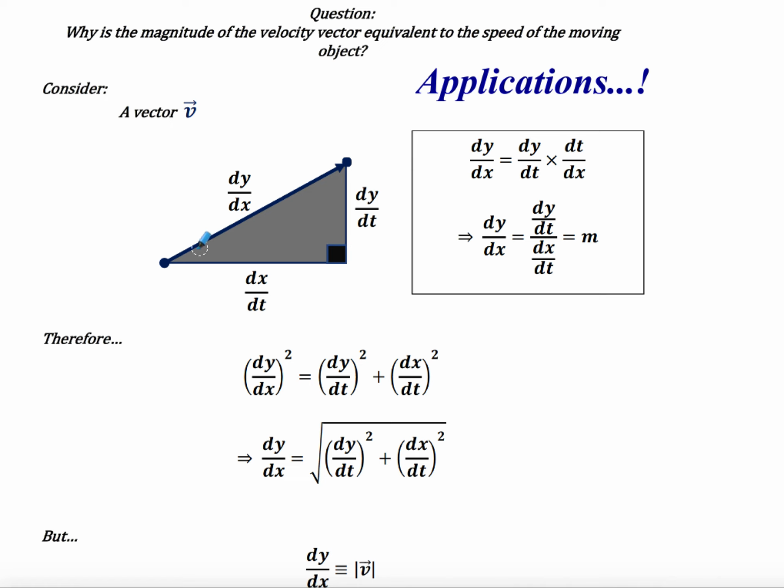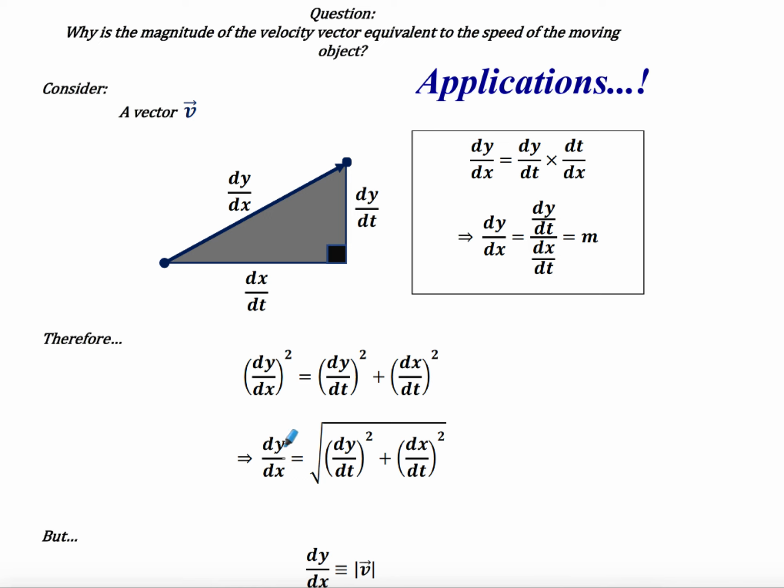And so what we're trying to say is the rise to run here, here's the run, here's the rise. That's the slope of this vector here, which is also represented as dy dx. Well, if you think about Pythagoras, a squared plus b squared is equal to c squared.